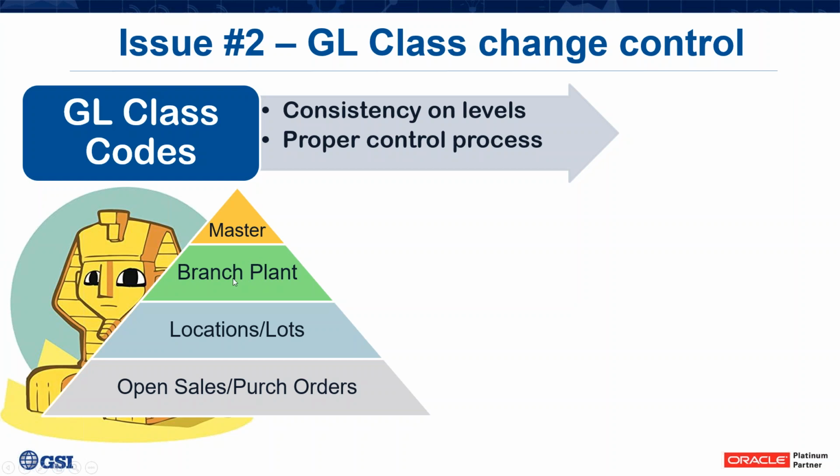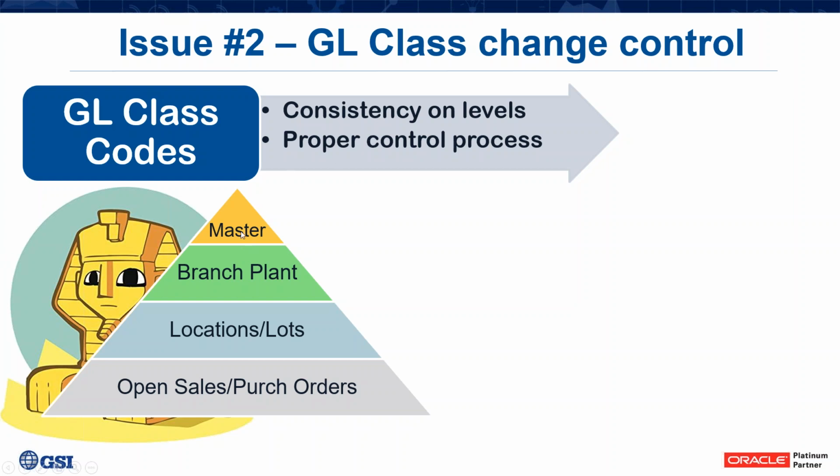So now that's the 1 plus the 5 plus the 10. Now I'm up to 16 spots in the system where that geo class code lives. And then sales orders and purchase orders, we just keep adding on depending on how many sales order lines or purchase order lines are out there for that item. So you see that geo class code can spread all over the place very quickly.